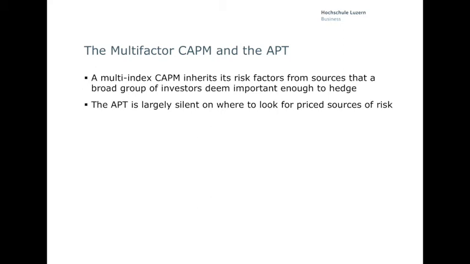The multi-factor extension of the single-factor CAPM is the ICAPM. It suggests that priced extra-market risk factors will be the ones that lead to significant hedging demand by a substantial fraction of investors.